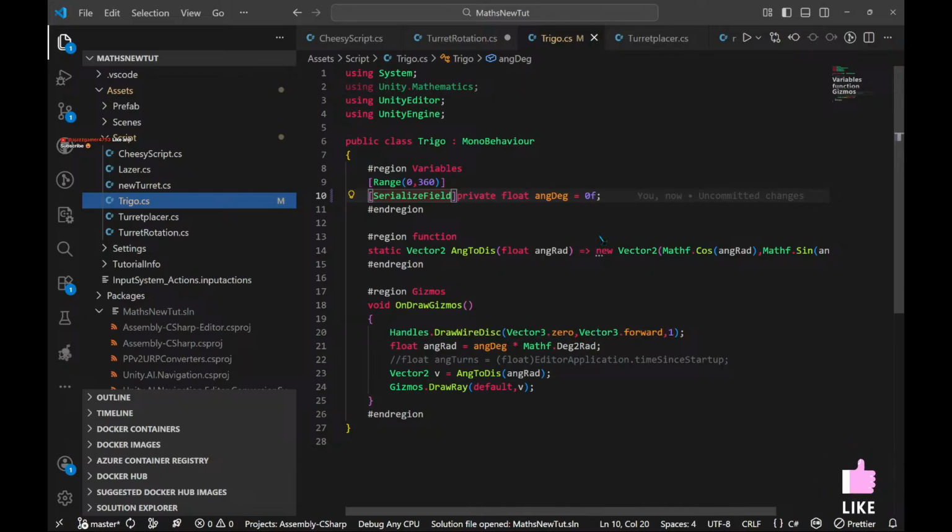The X component is given by the cos, so we'll write the cos: Mathf.Cos of the angle in radians, and Mathf.Sin of the angle in radians, and it's done. Okay, this moves.